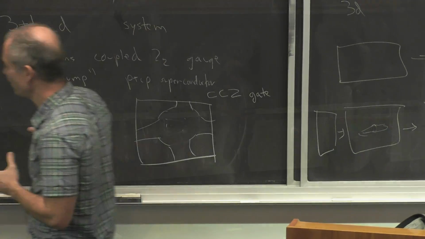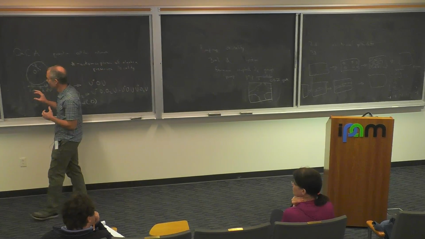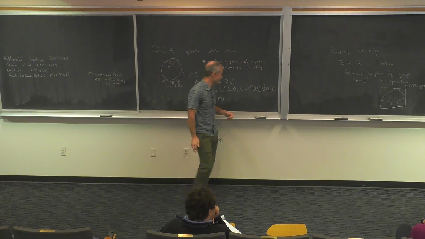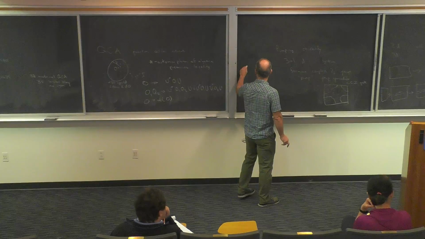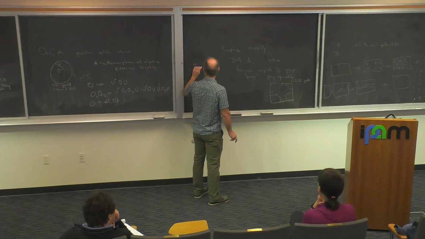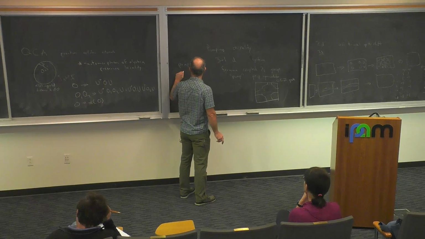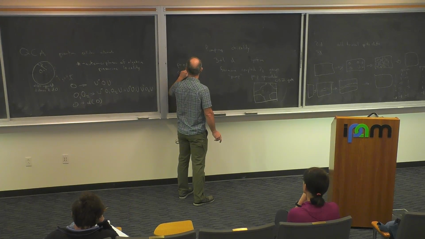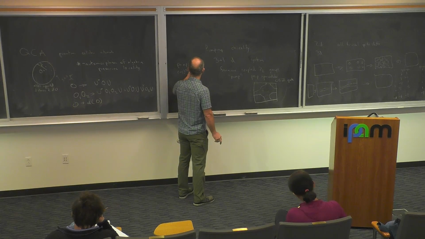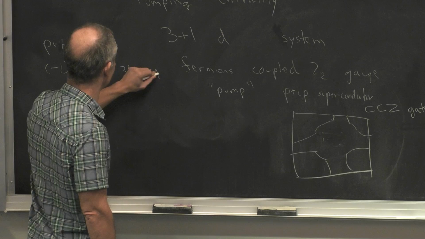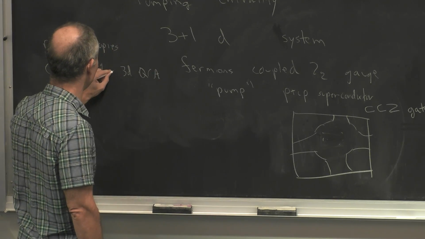And the interesting fact is that that -1 to the framing is essentially this 3-dimensional non-trivial QCA. So I'll pump 8 copies, which induces -1 to the framing, and that is the 3D QCA. Sort of. I'll put "is" in quotes.